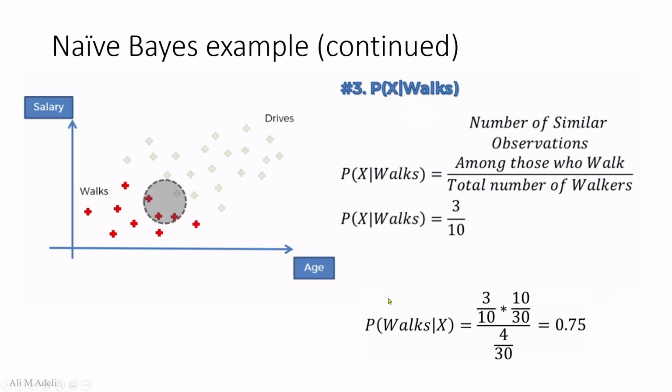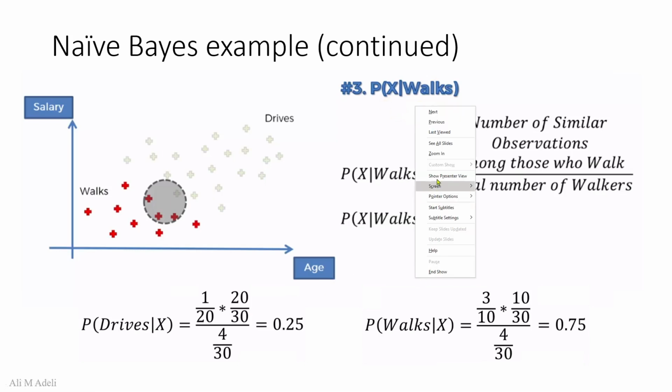We will do a similar thing for the drivers class. And where do we get these numbers? Let's do it again for this one, manually. The posterior probability of driving given these observations. I want the prior probability of drivers out of these 30. So 20 out of 30 is P of driving.